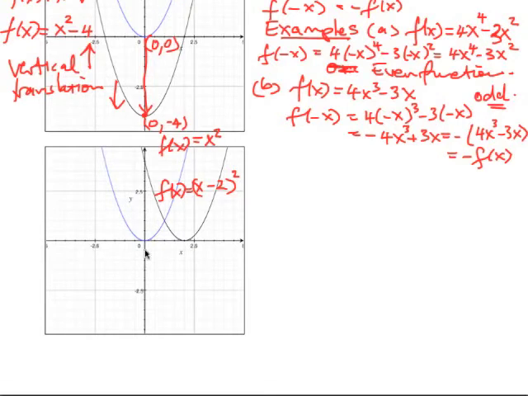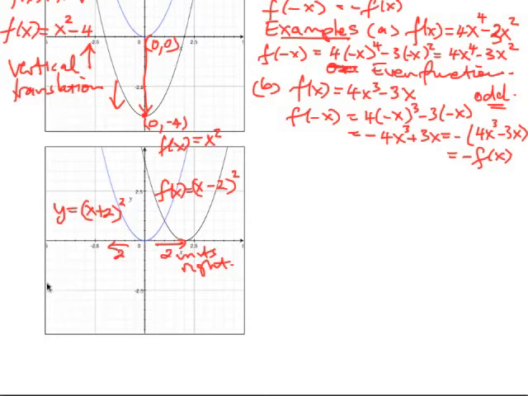We use it in functional notation. You'll notice here that negative 2 moves it to the right 2 units. If I was to do plus 2, then it would move this way. So if I had y equals x plus 2 squared, it would move this way 2 units.